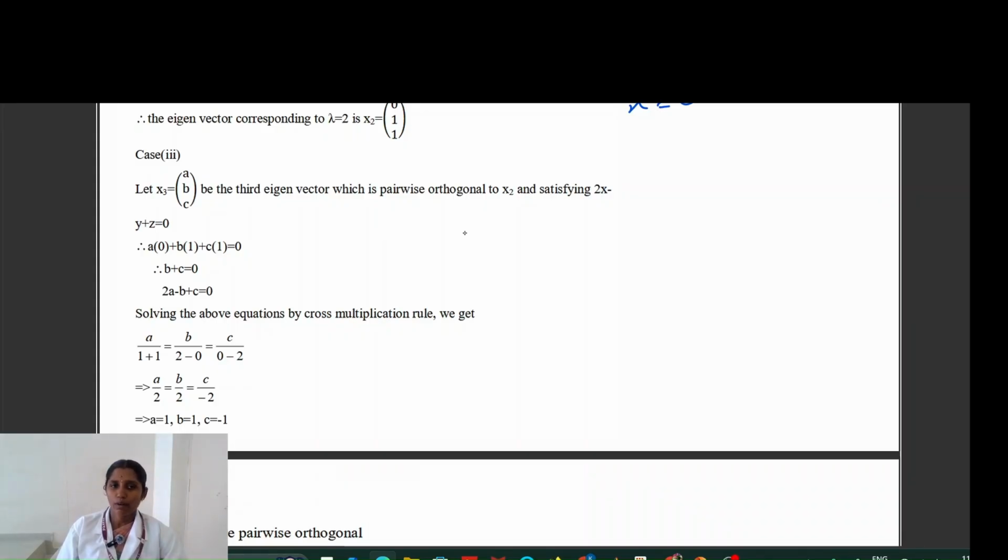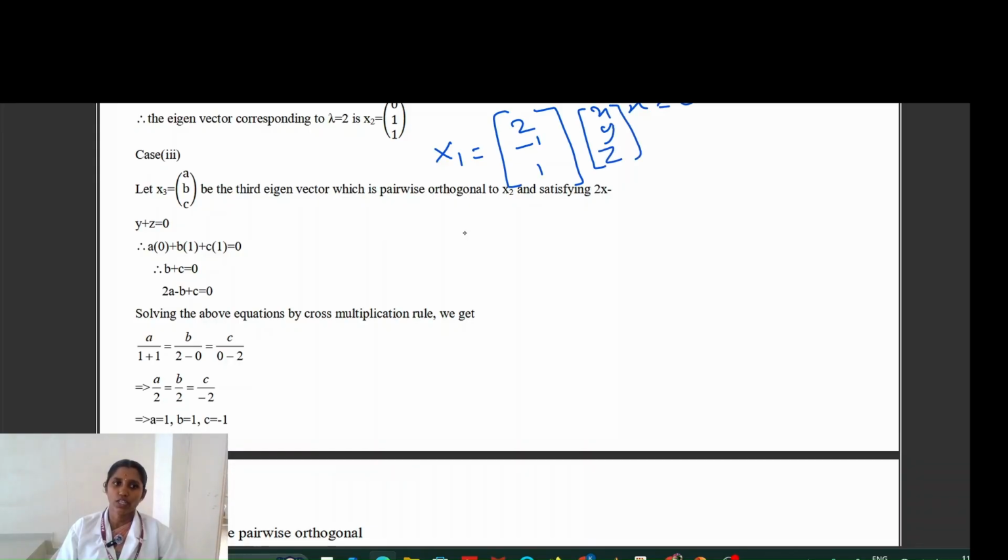This is pairwise orthogonal; we check it after that. We got x1, what is the x1 vector? 2, minus 1, 1. In this x1, I choose x, y, z, and multiplying by x, y, z, we get 2x minus y plus z equal to 0.